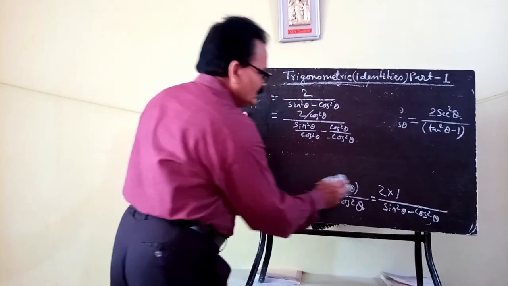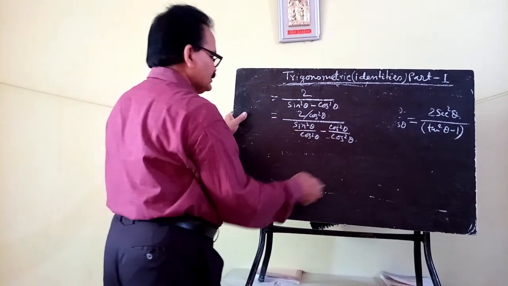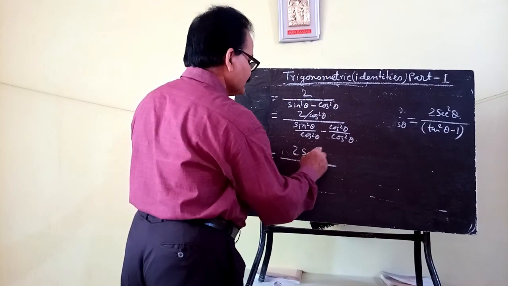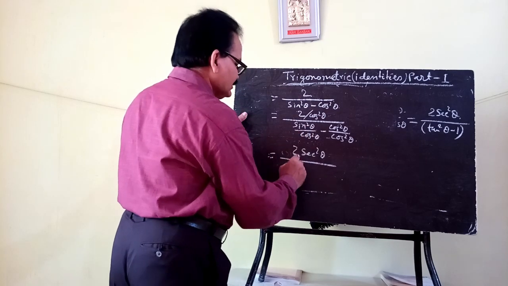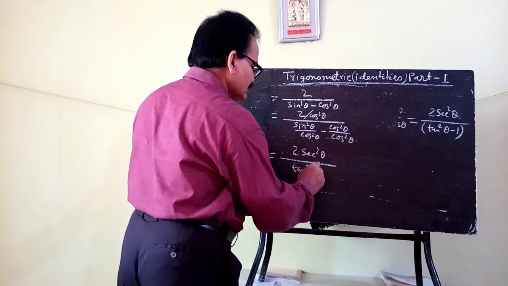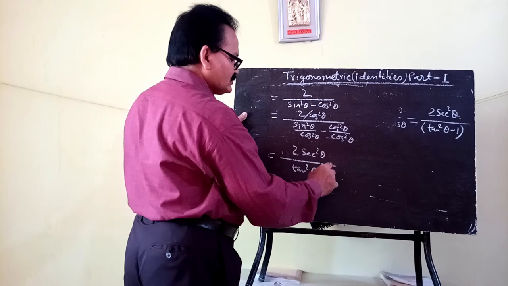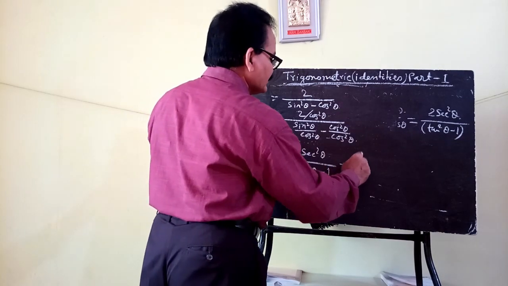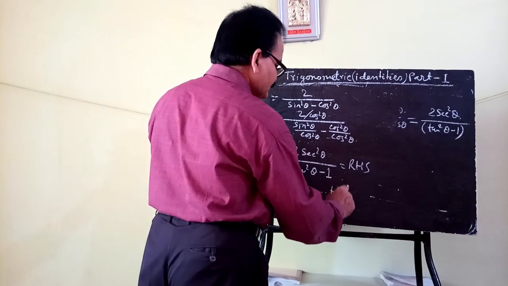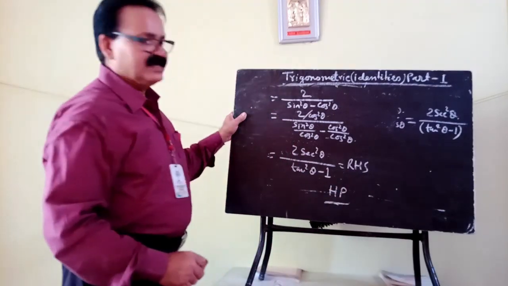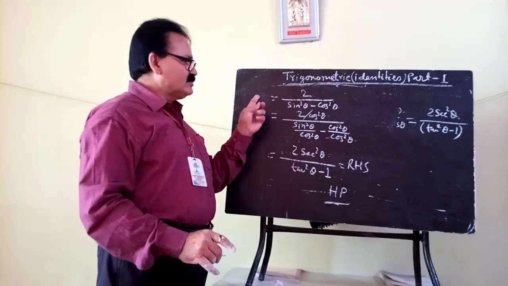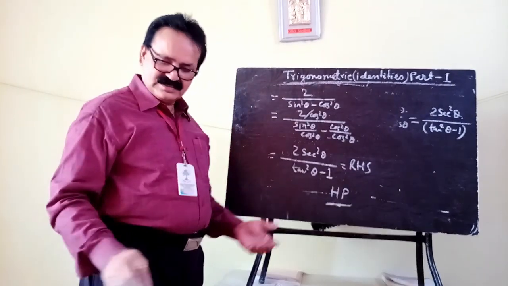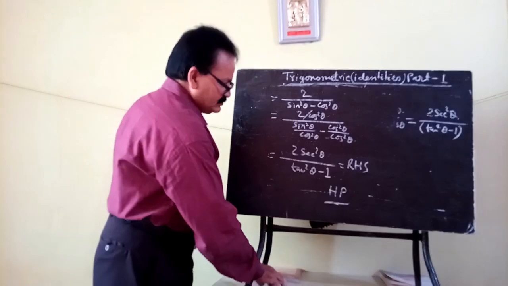Okay. So 2 divided by cos square theta means this is 2 sec square theta, and this is your tan square theta, and cos square theta cancel each other one. You see, you have got your RHS. Hence proved. So here you have started from your LHS and you have got RHS. Okay. You have got it.